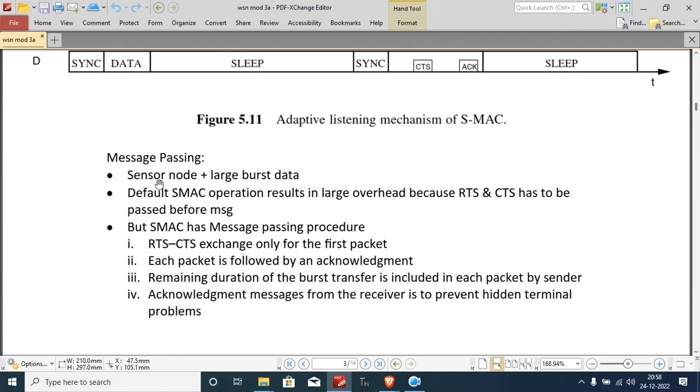Then we have the concept of message passing, which can be applied to sensor nodes, a lot of sensor nodes, where it is associated with large bursts of data. So default SMAC operation results in large overhead because of the RTS and CTS handshaking signals.